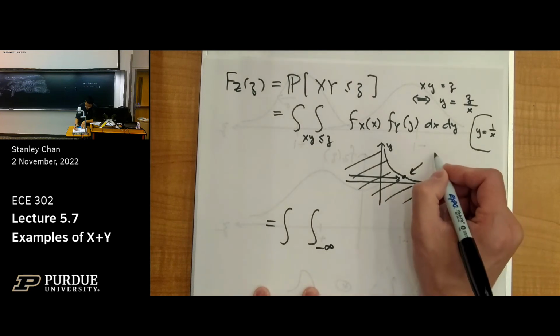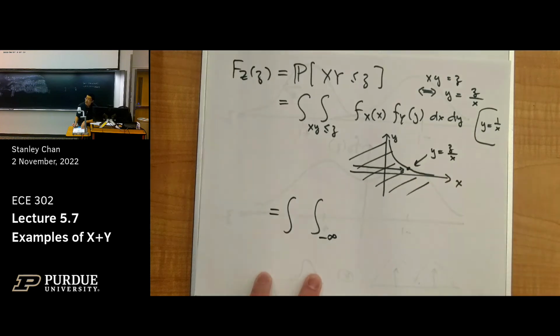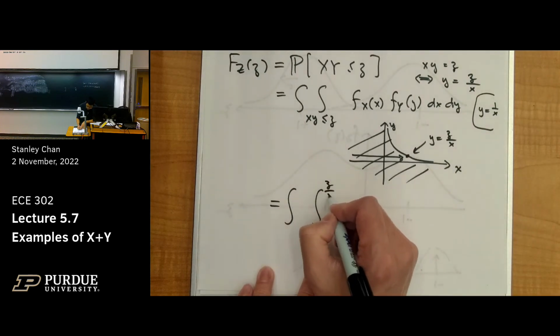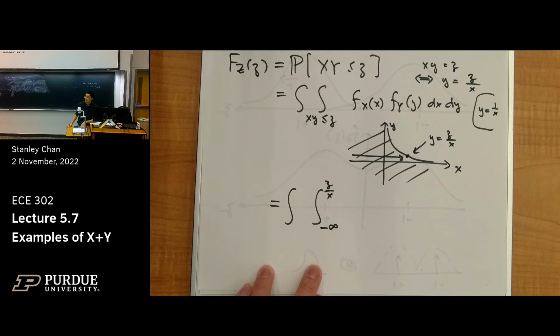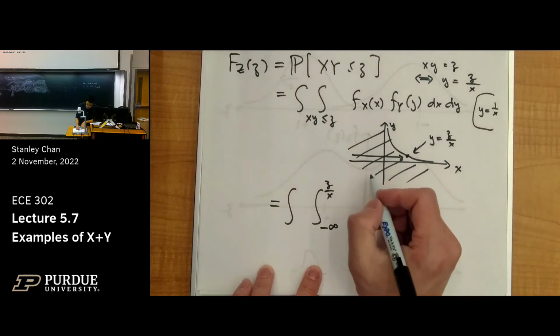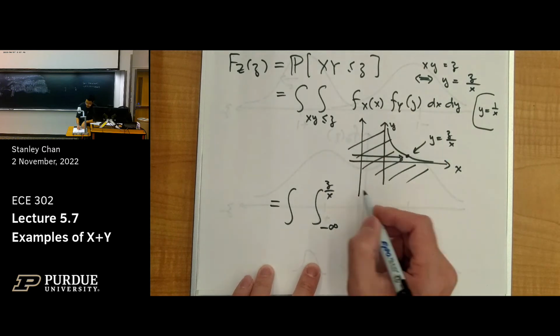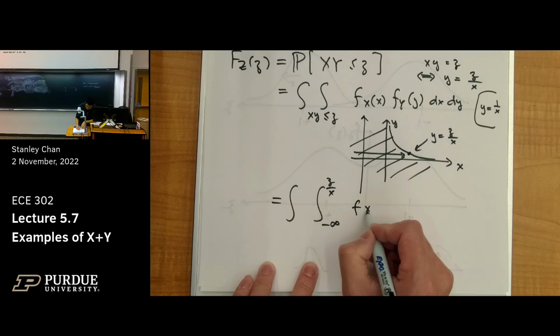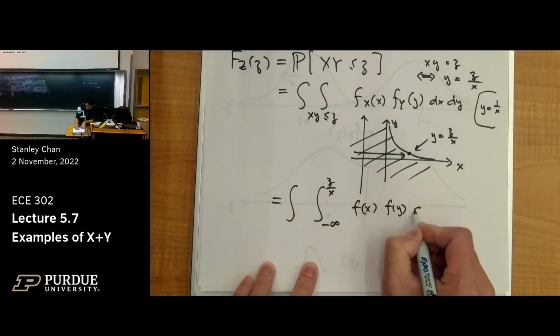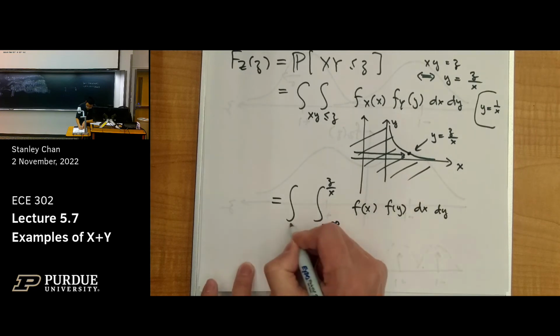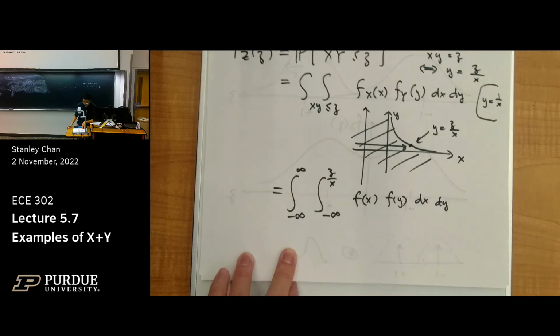Now this point is y equals z over x. So you have z over x. And then your y has to go from minus infinity to plus infinity. So this is f_X, f_Y, dx, dy, from minus infinity to infinity.